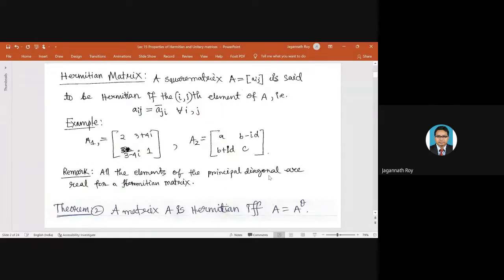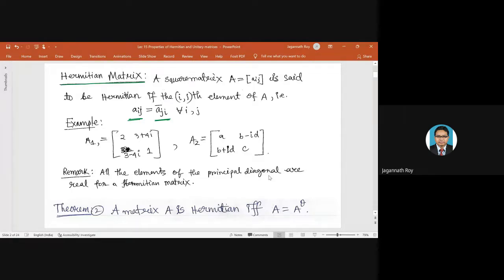Now, the parallel concept of symmetric matrix here is Hermitian matrix. So a matrix is said to be Hermitian if Aij equals Aji conjugate.